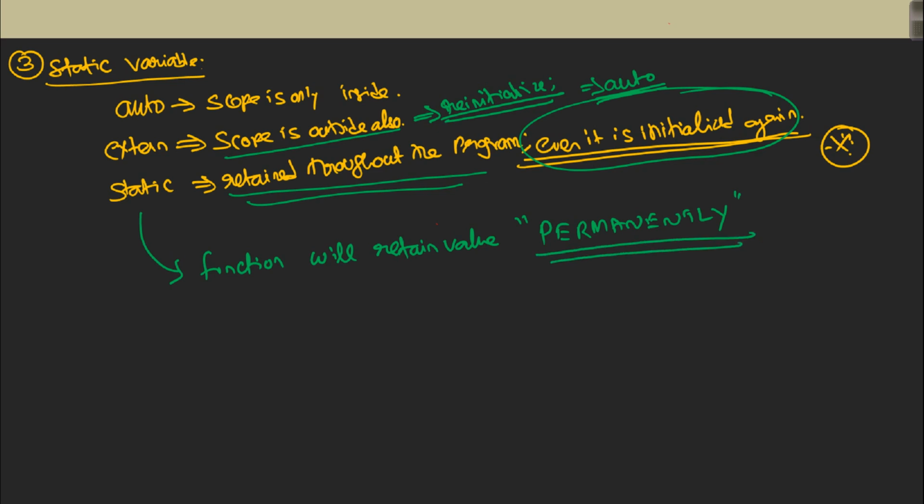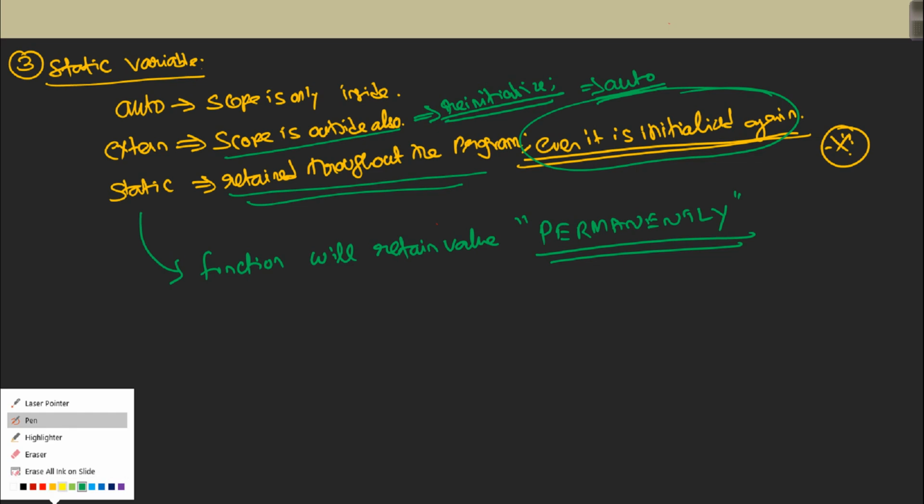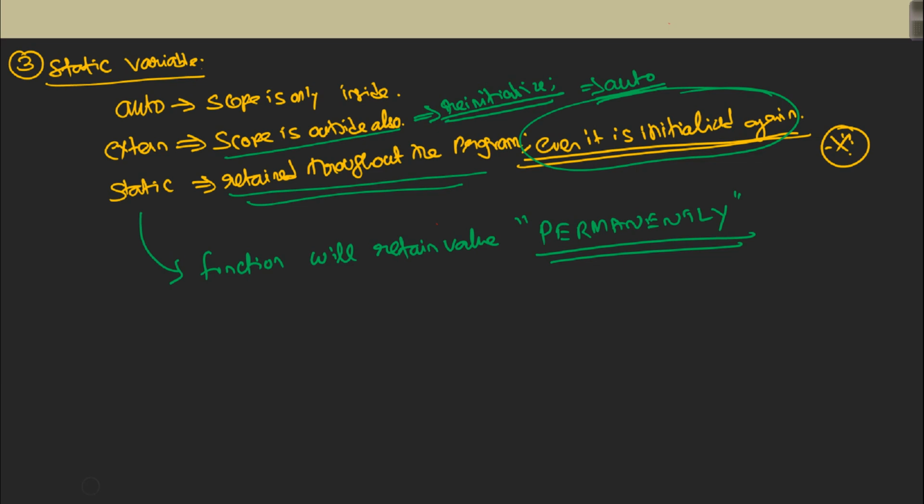Okay. So there are some simple rules that we have to follow for a static variable. The first one, the initial value must be constant.